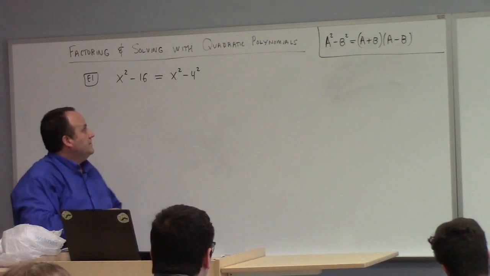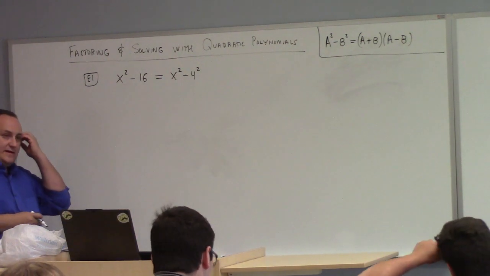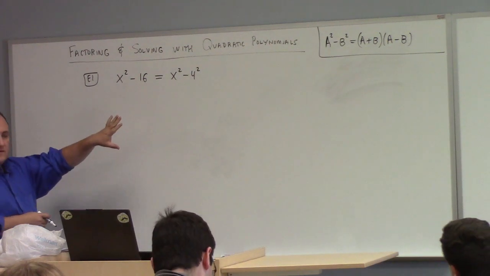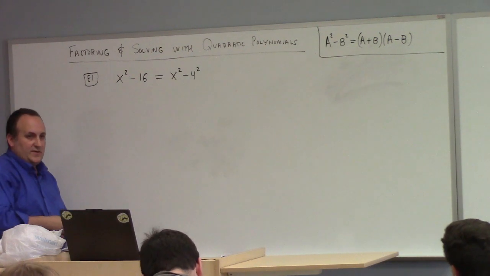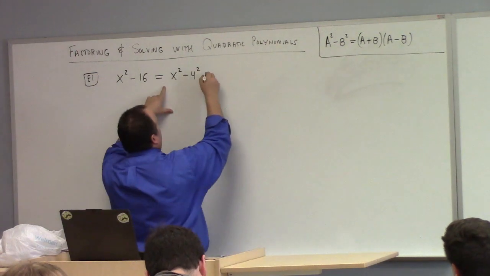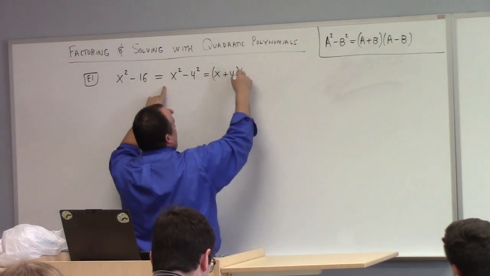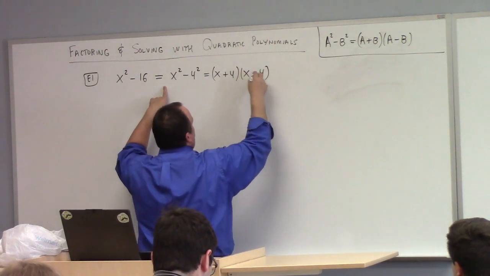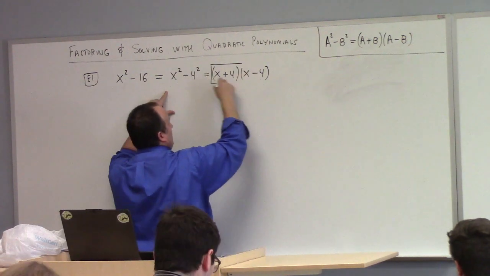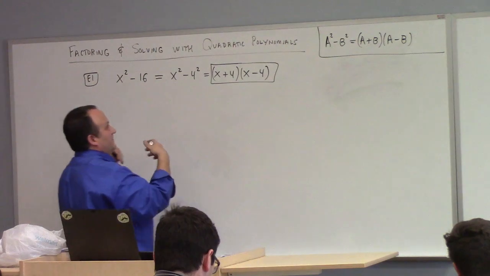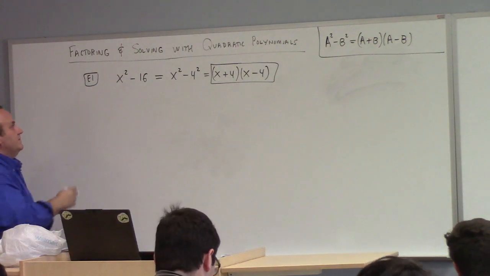So x squared minus 4 squared. Now I think of that as the difference of squares, and I apply my difference of squares formula, which gives x plus 4 times x minus 4, and that's it. That is the factored form of this polynomial.